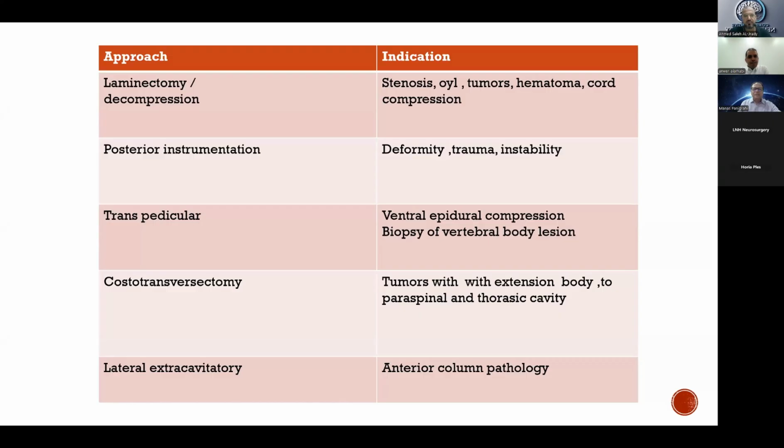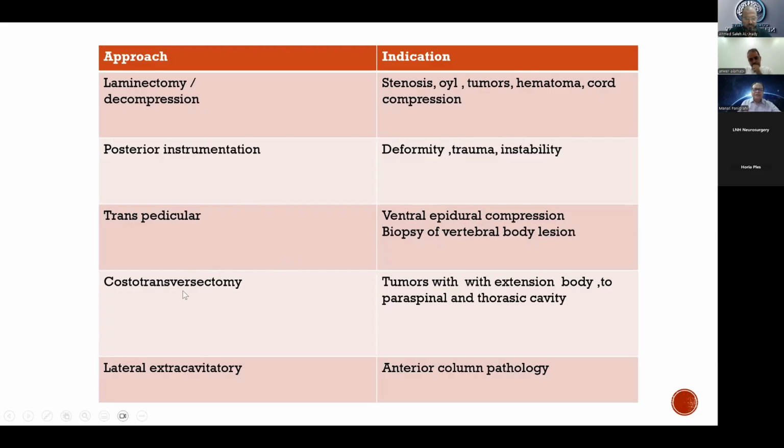One is the commonest one, laminectomy, which is done for stenosis or ossified yellow ligament, or tumors or hematoma, whenever they have a tumor, either intradural or extradural. The second common surgery is posterior instrumentation, which is done for spinal trauma or deformity or instability. The third common is transpedicular decompression or biopsy of the vertebral lesions.